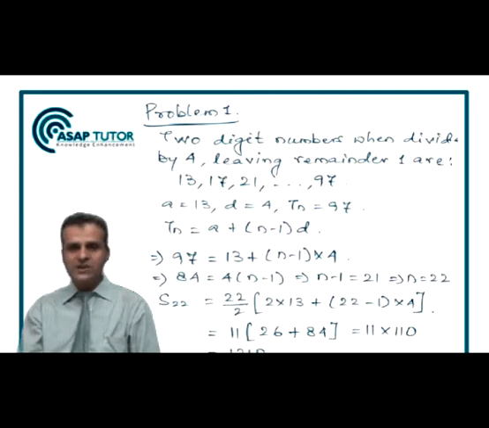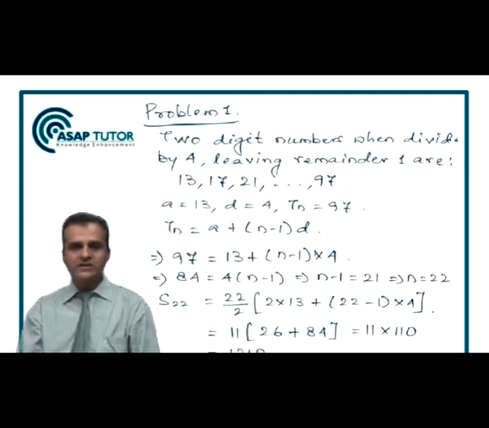Now we want to find the sum of all these numbers, so therefore we can use the summation formula, that is Sn is equal to n by 2 into 2a plus n minus 1 into d. Substituting the respective values, n is 22 by 2 multiplied by 2 into 13 plus 22 minus 1 into 4, and solving it we get 1210.